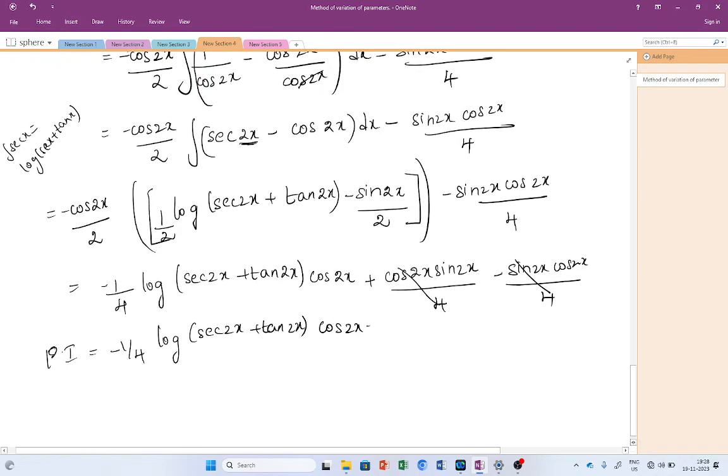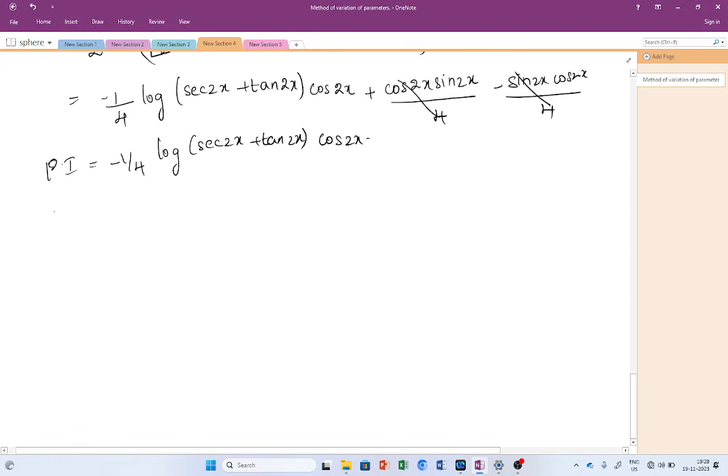Okay, so now I'm going to write the complete solution. Complete solution is nothing but complementary function plus particular integral. So my complementary function for this problem was a cos 2x plus b sin 2x.